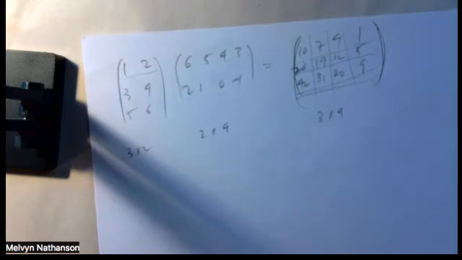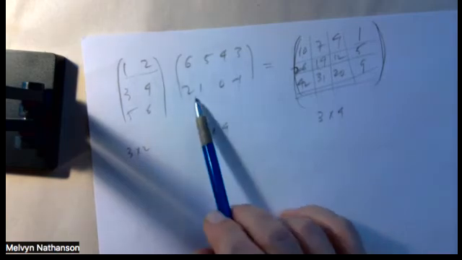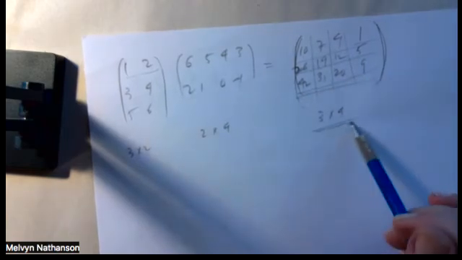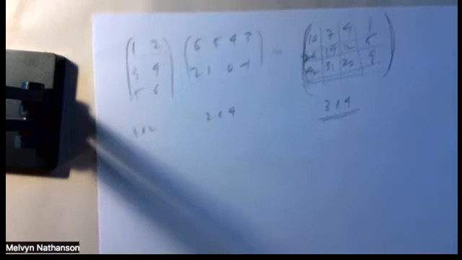If I did my arithmetic correctly, this 3 by 2 matrix times this 2 by 4 matrix is this 3 by 4 matrix. Okay?